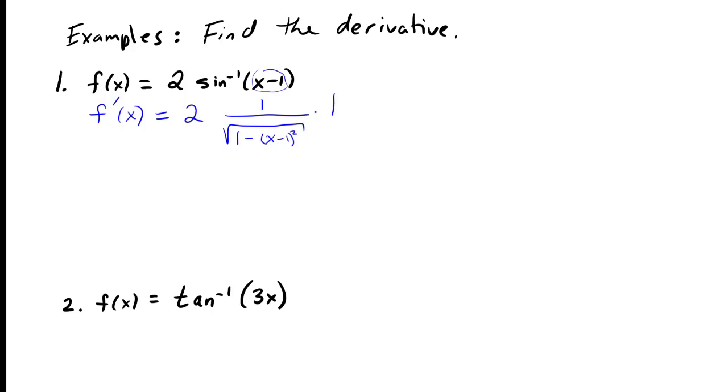So derivative of x minus 1 is 1. So in the end, we just get 2 over the square root of 1 minus x minus 1 squared. Now, I could multiply that out, what's in the denominator there, but I'm going to leave it as is.